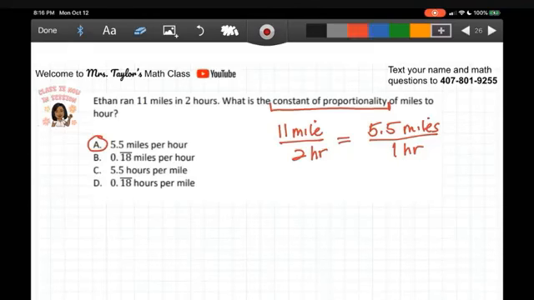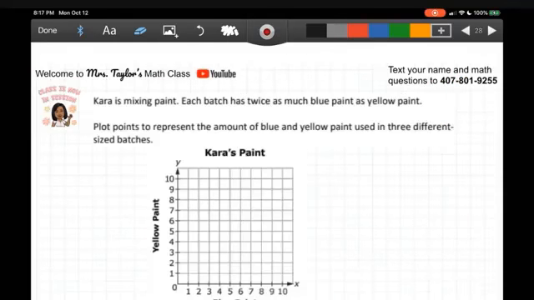So this is intimidating, but knowing the proper vocabulary is important. Hopefully your teacher or whoever's teaching the course is using this particular vocabulary with you. That way when you see it on a test, you won't be intimidated because you're used to hearing the proper vocabulary in your math class. Okay, let's do another problem.